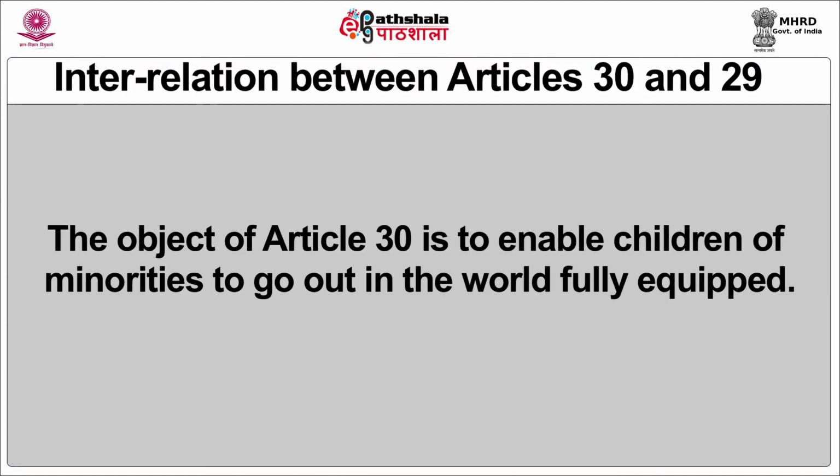The object of Article 30 is to enable children of minorities to go out in the world fully equipped. It would be wrong to read Article 30 as restricting the right of the minorities to establish and administer educational institutions of their choice only to cases where such institutions are concerned with the language, script, or culture of the minorities.